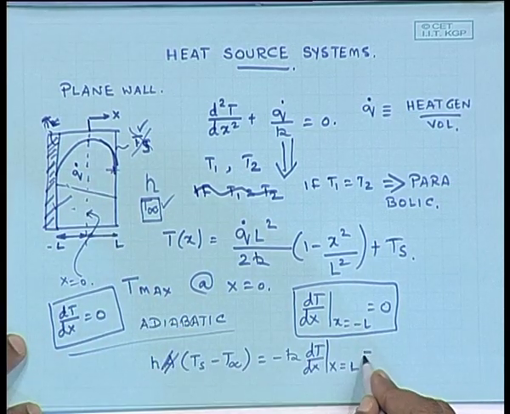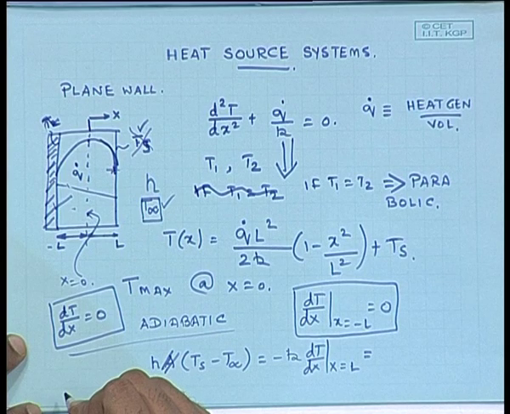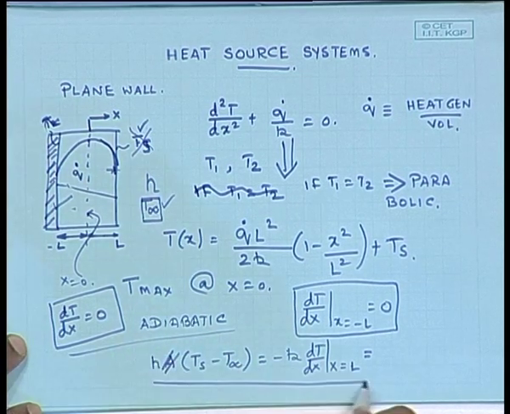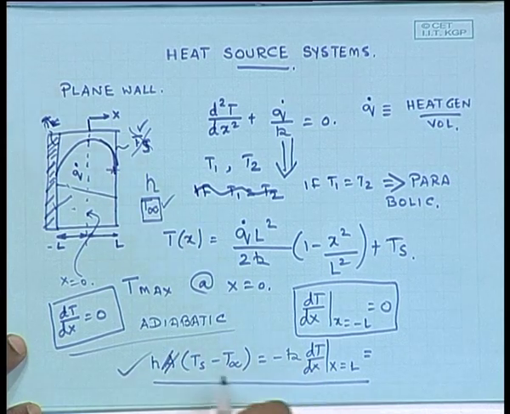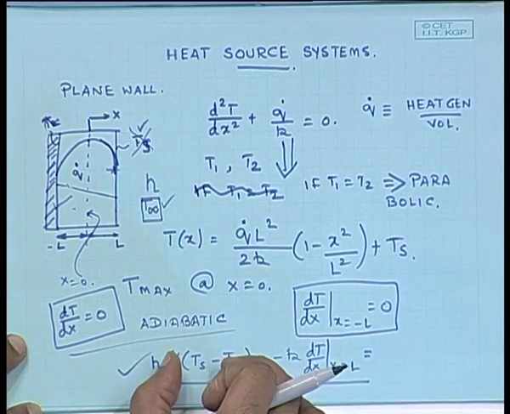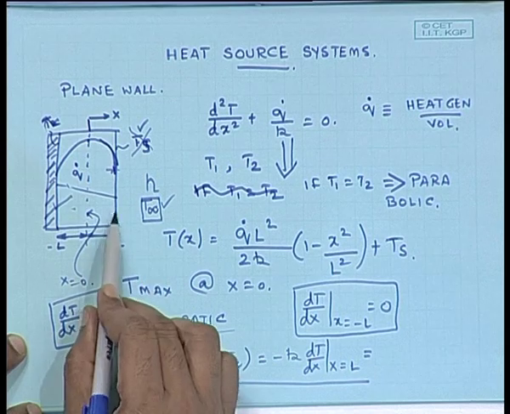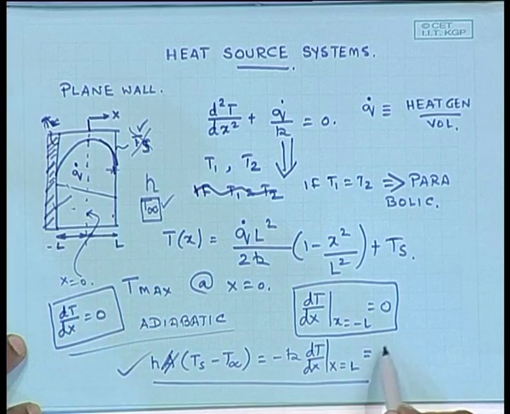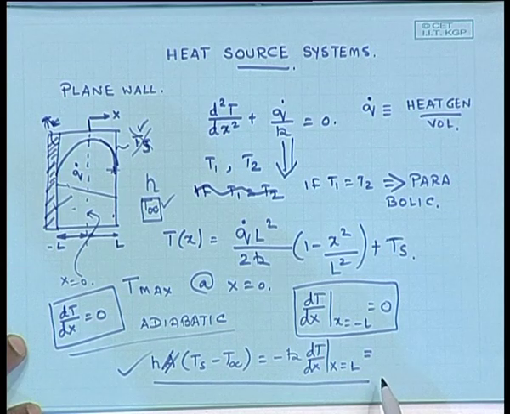Can I equate it with something else? What you have said is perfectly right. You have used conduction, convection equality at the interface. Can I add something else over here? Can I make it equal to something else?